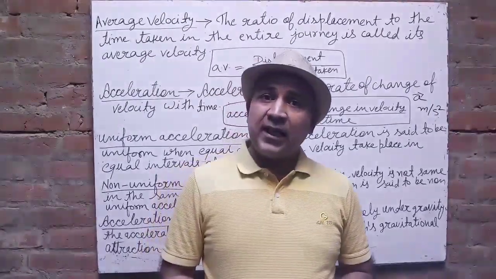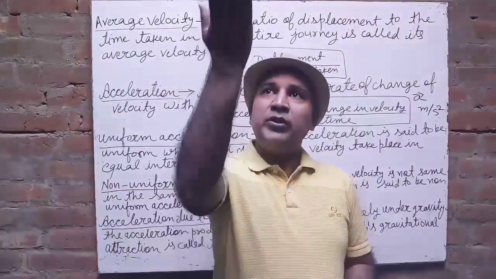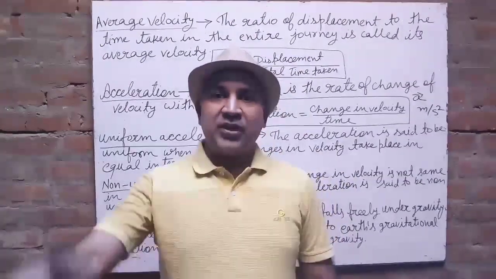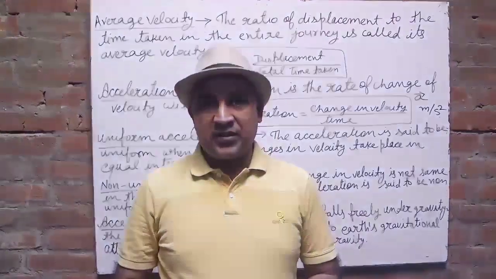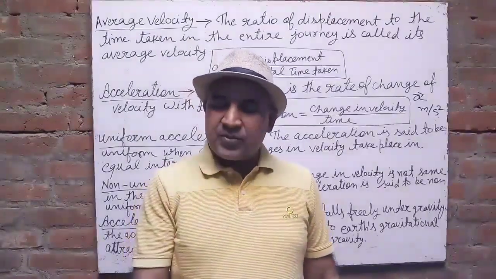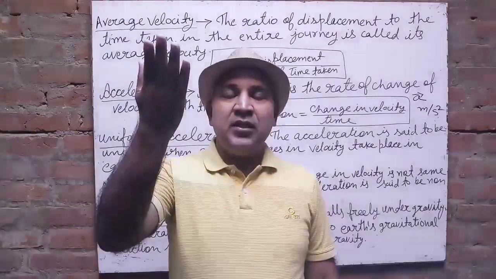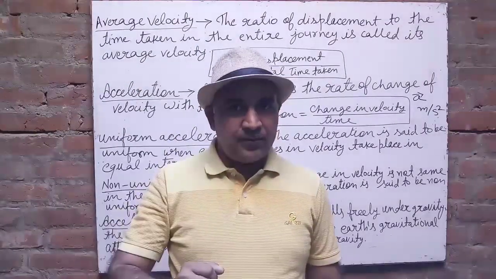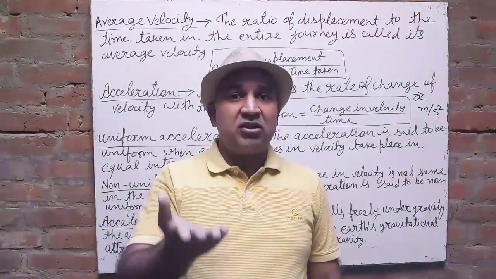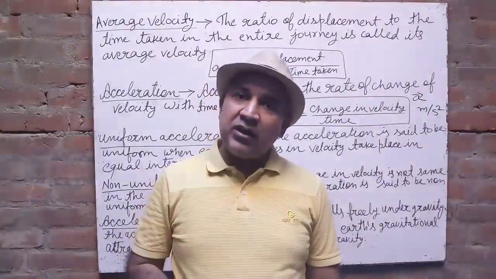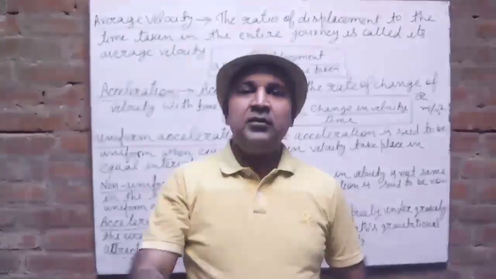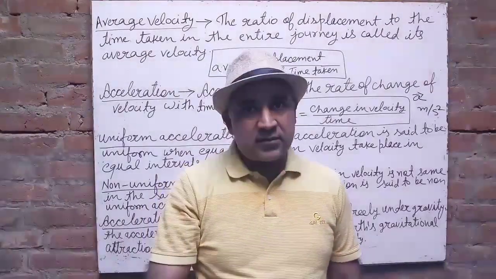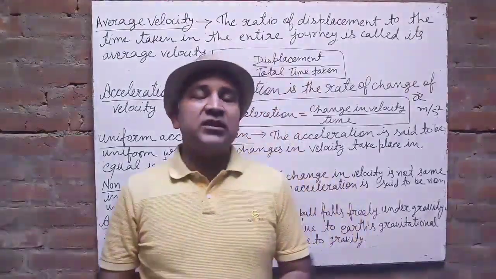Okay, one more acceleration is there, which is called the acceleration due to gravity. Practically, we all have seen that if one object is thrown in upward direction, after attaining a certain height, it comes down. Why does it happen? Because when one object is thrown in upward direction, its velocity decreases. It means acceleration is working there. Similarly, when the object starts falling freely, its velocity increases. It means acceleration is working there.